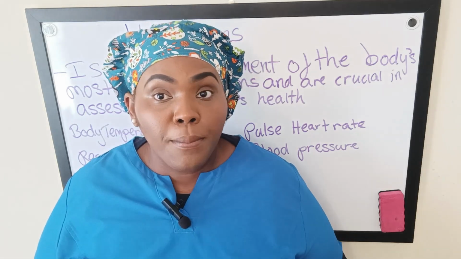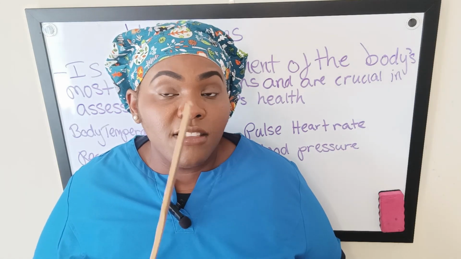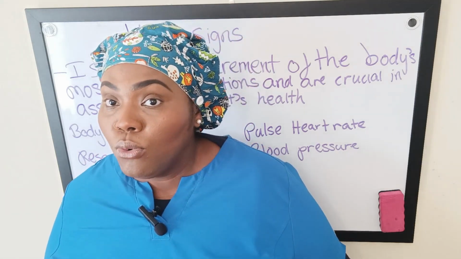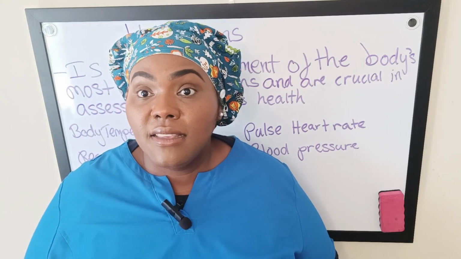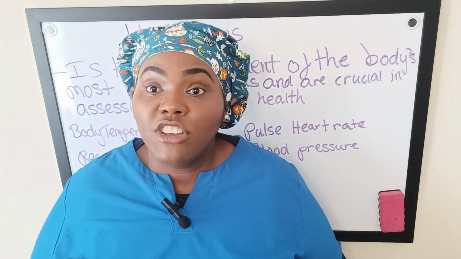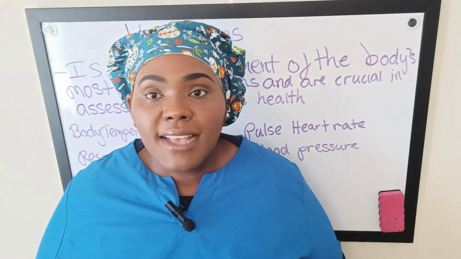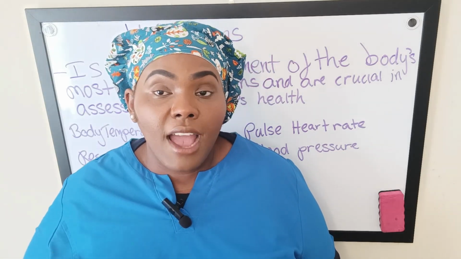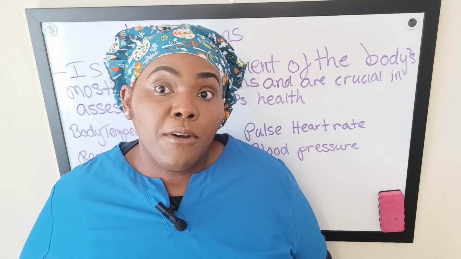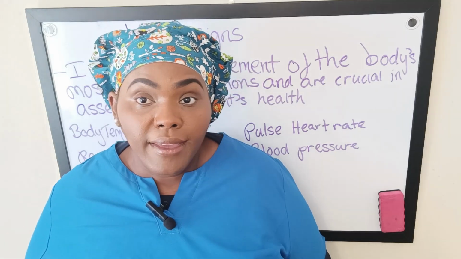Then we check the blood pressure, making sure it's not too high and not too low, because we do not want the patient to have lightheadedness, fainting spells, or a stroke. And last, their saturation level, which is how much oxygen is carried in their blood at the time of their breathing at that moment.